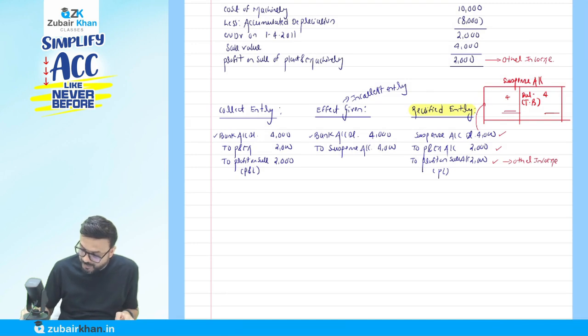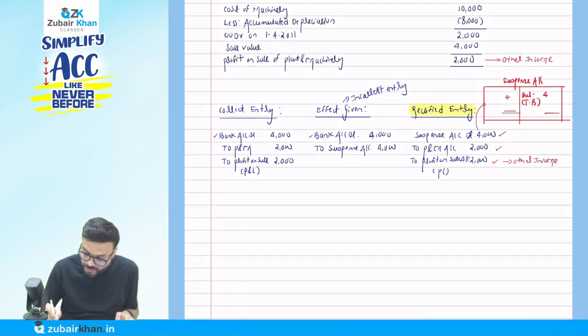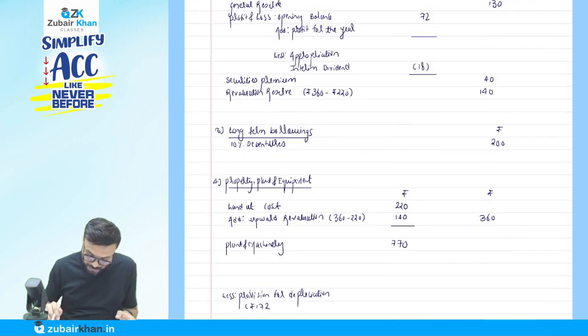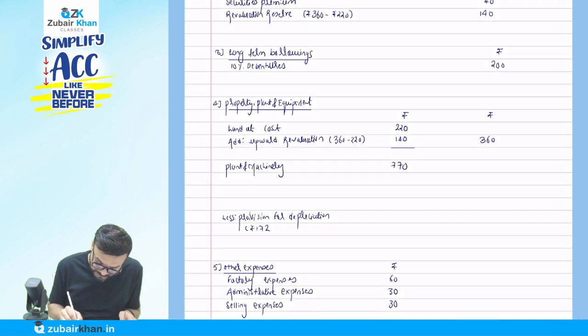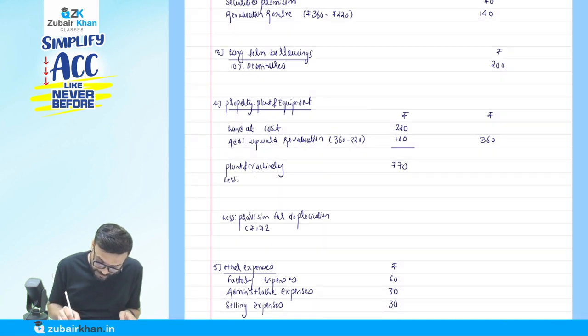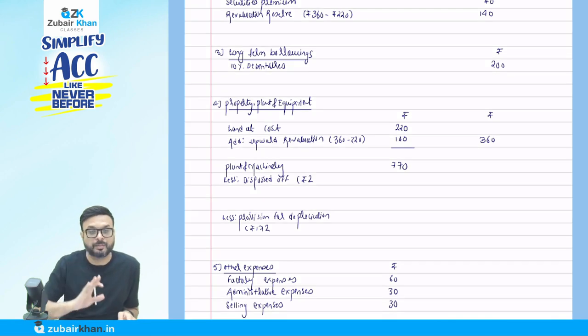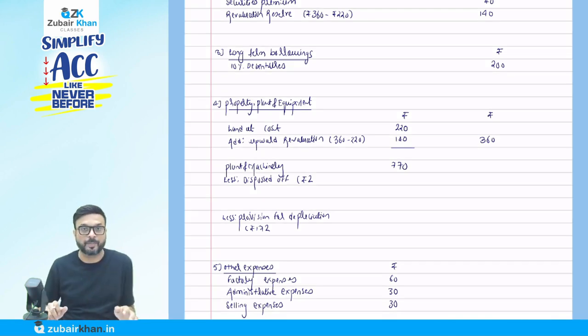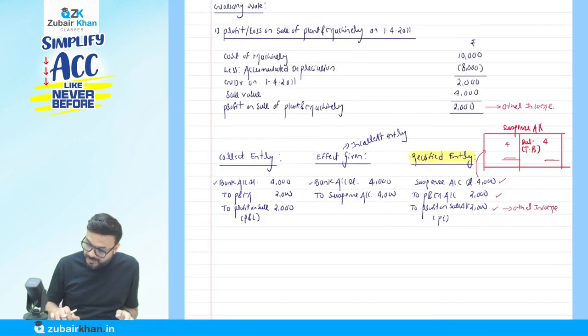One by one. We have debited this suspense account. Go to plant and machinery, notes to account number 4. You can see plant and machinery less: disposed of. Write down in bracket just the 2, because the rupees are in thousands. It's 2,000. Now what about these 2?